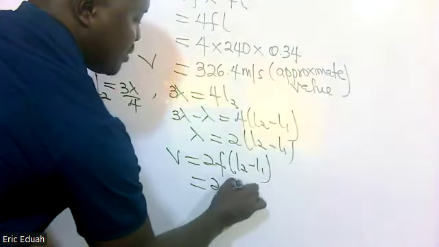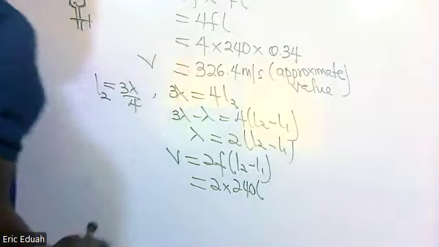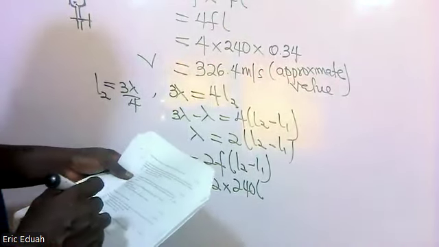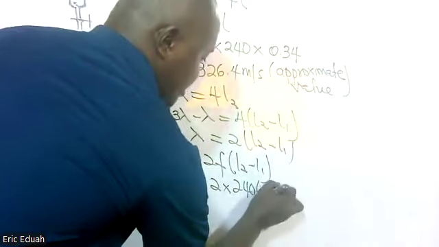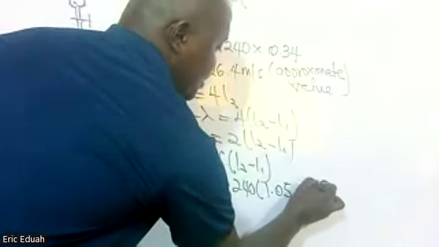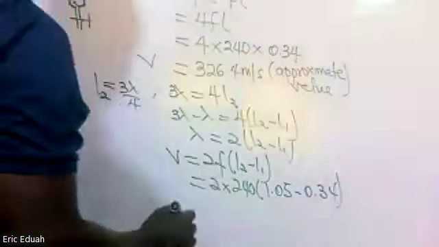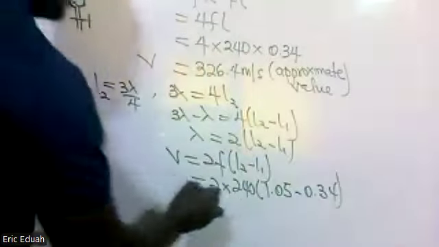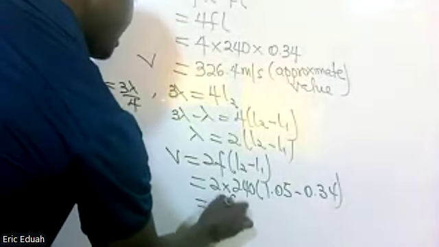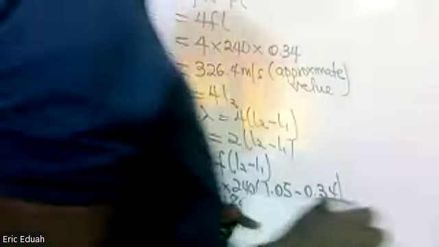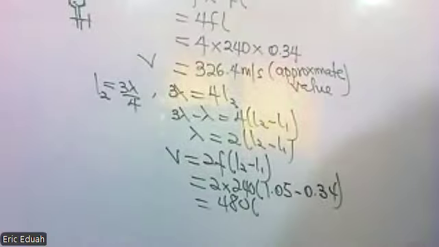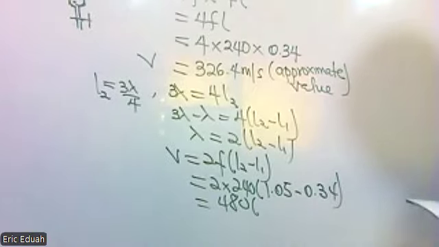2 times 240 times 1.05 minus 0.34. And this time around, 480 times the difference. What's the value of V this time around? 340.8 meters per second.